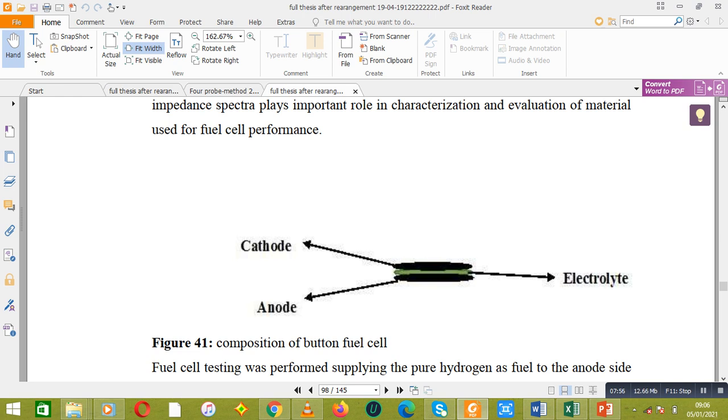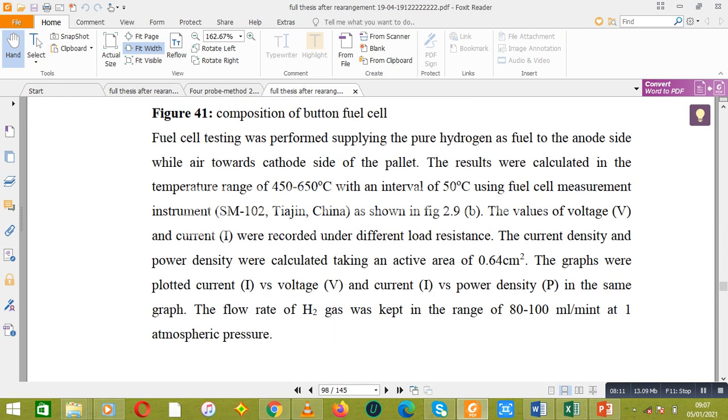Here we can see that fuel cell testing was performed by supplying pure hydrogen as a fuel to the anode side, while air is supplied towards the cathode side of the pellet.